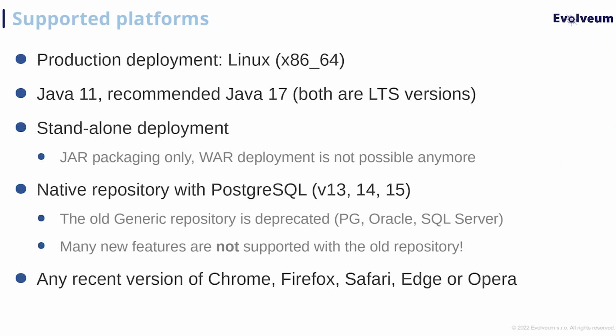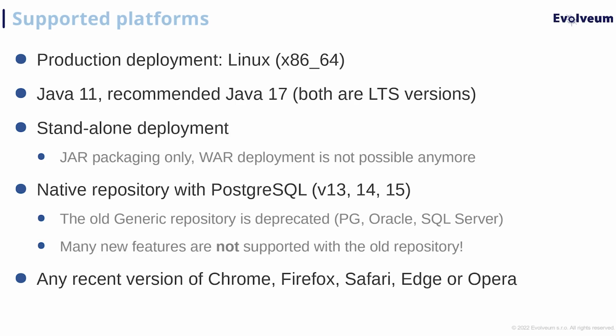And shortly about the platforms, here the changes are mostly to the way it's deployed, because we support Linux, of course, and we support Java 11, but recommend Java 17 primarily. Both 17 and 11 are LTS versions of Java.